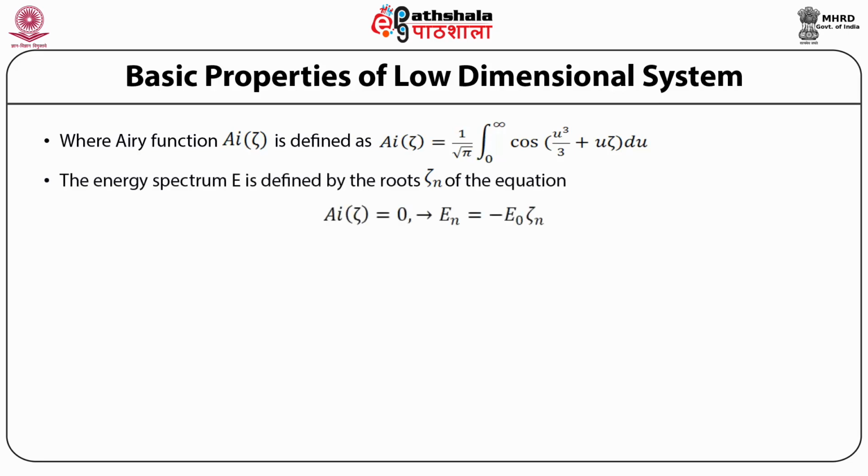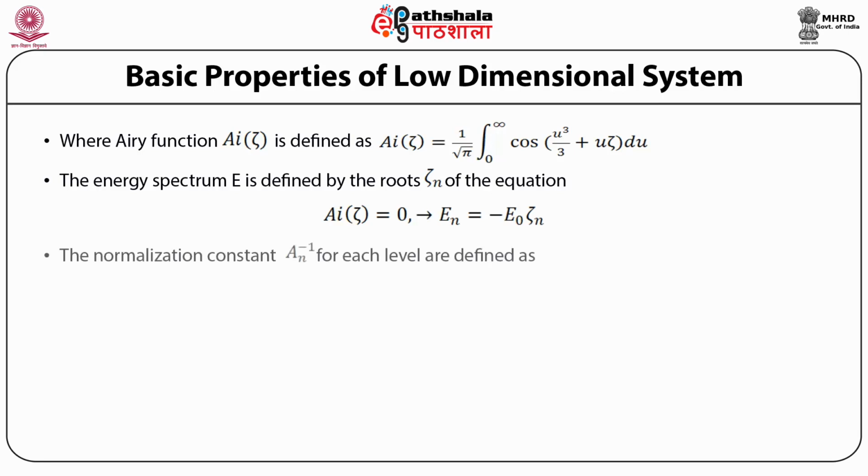So the energy spectrum E is defined by the roots ζn of the equation Ai(ζ) = 0, implying that En is equal to −E0 ζn.